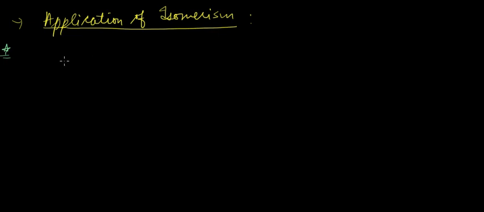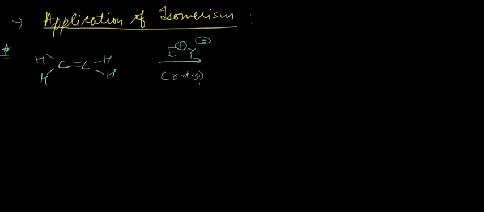So let's suppose we have an alkene, and we are going to react it with some electrophile and some negatively charged atom on it. So the rate determining step would be the formation of carbocation here.